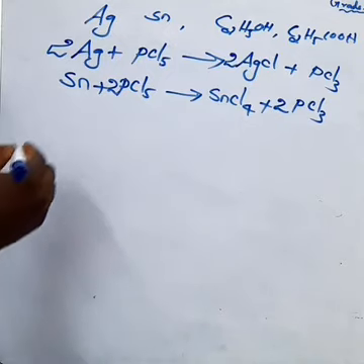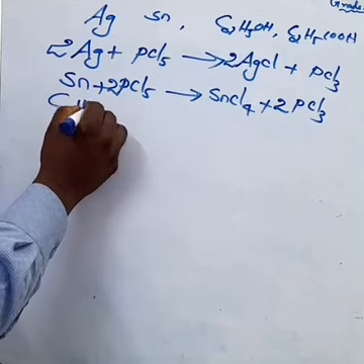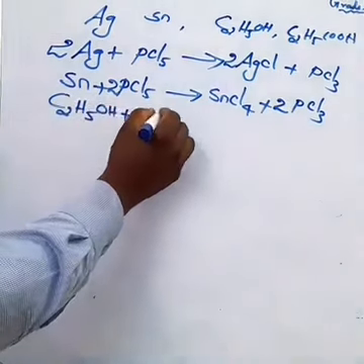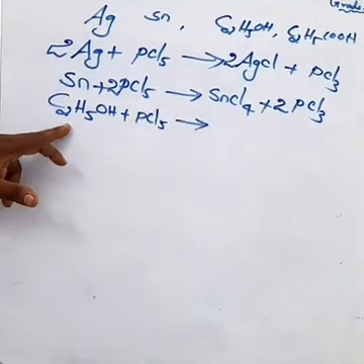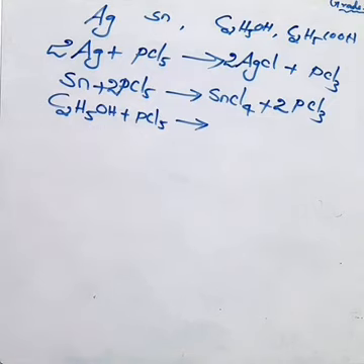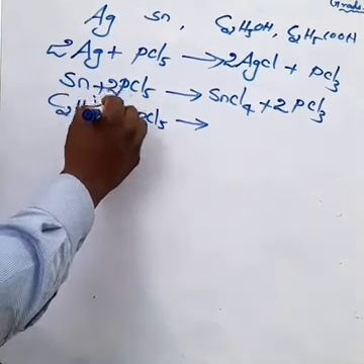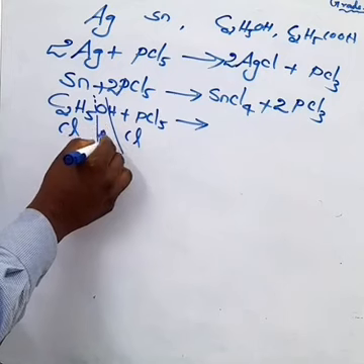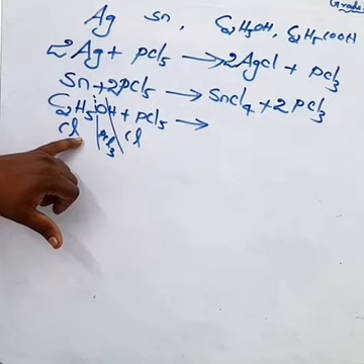Next, we can write how the phosphorus pentachloride reacts with ethyl alcohol and also propanoic acid. What is the formula of ethyl alcohol? C2H5OH. This one reacts with PCl5. Here one of the hydrogen from ethyl alcohol reacts with PCl5.